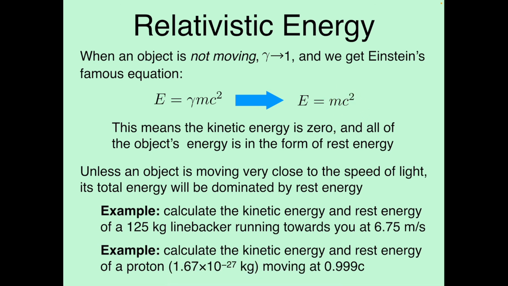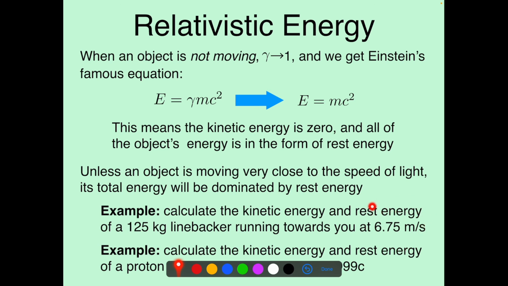Now, unless an object is moving really close to the speed of light, the total energy is mostly going to be this rest energy. This is going to be much bigger than the kinetic energy. And to really see how that works, let's do a few example calculations. Let's calculate the kinetic energy and the rest energy of a 125 kilogram linebacker running towards you at 6.75 meters per second.